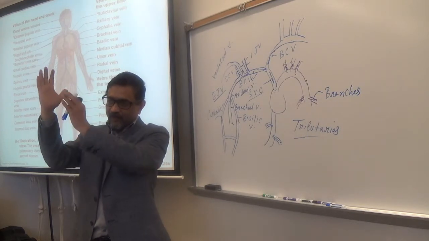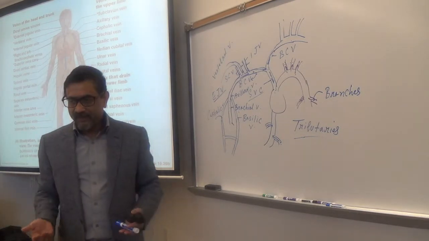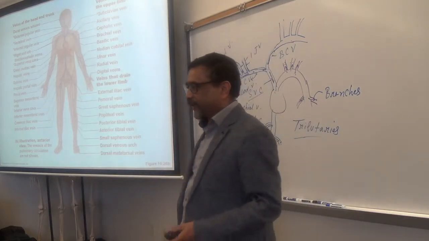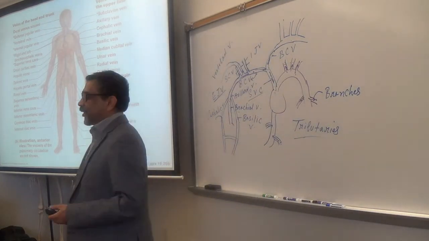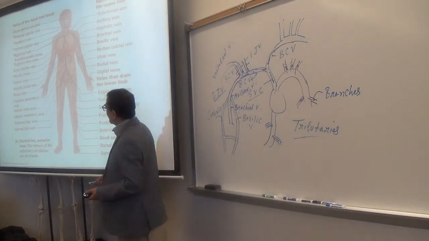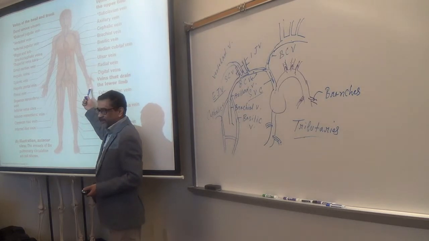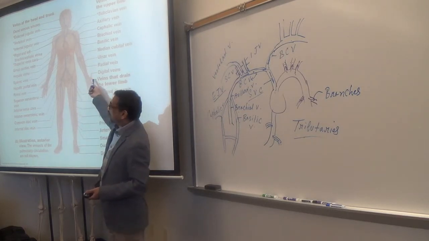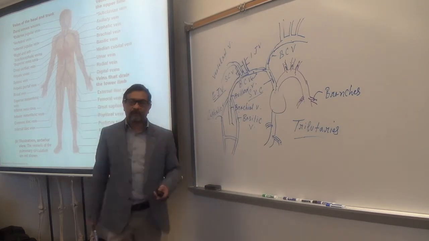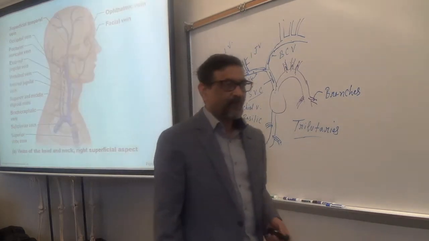So branches and tributaries are basically the same thing. The direction of flow is opposite, right? The blood flow is in the opposite direction. So when we talk about the venous system, we will say digital veins give blood to the arches, arches give blood to the cephalic, basilic, and that way, towards the heart.